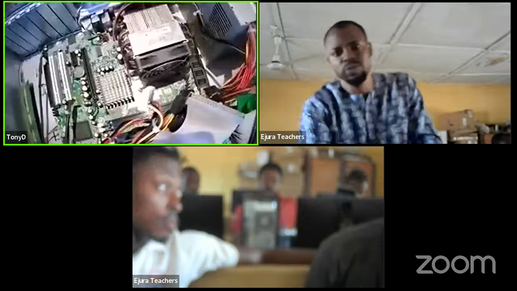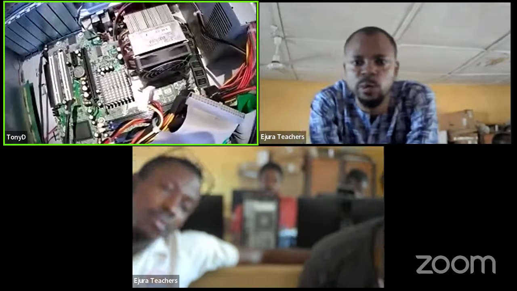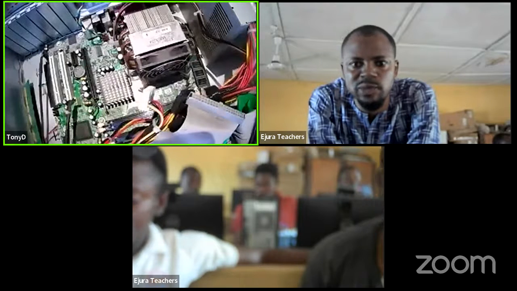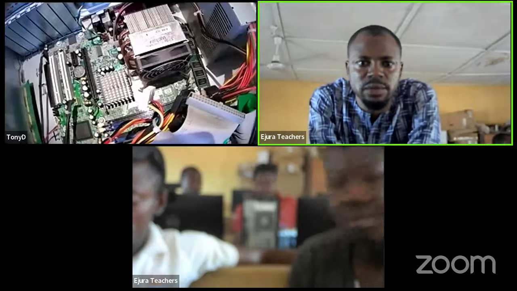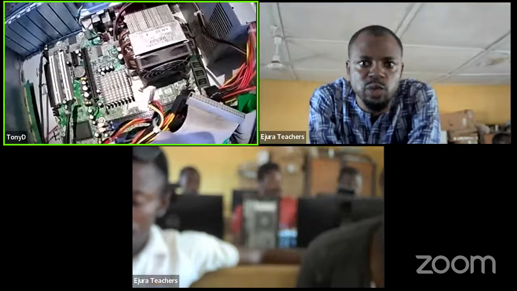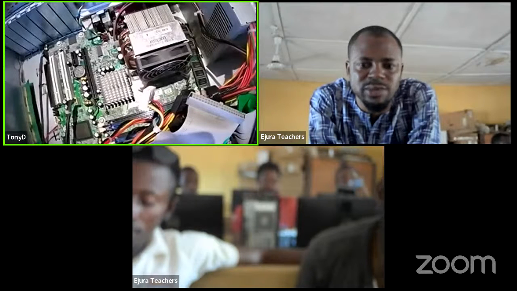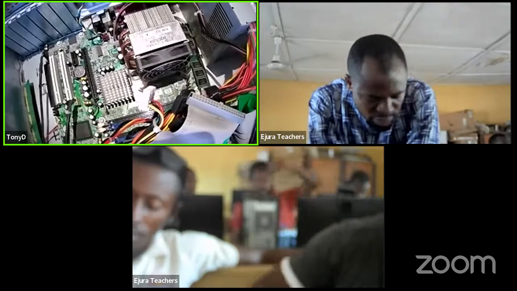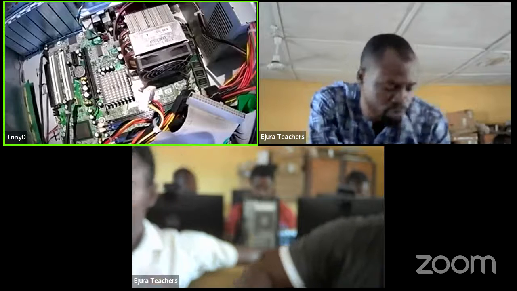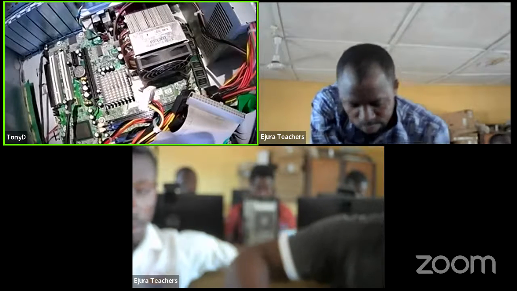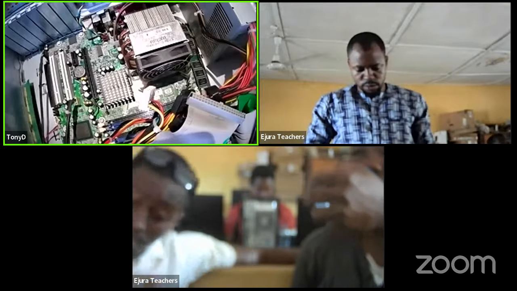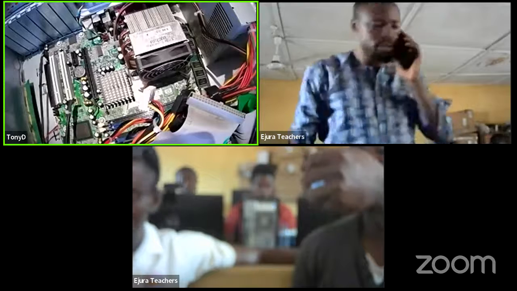So the main thing about the CPU is, number one, it is the brain of the computer. The CPU is considered the brain of the computer. The CPU performs all types of data processing. It is also responsible for controlling the transfer of data and instructions among the system unit.